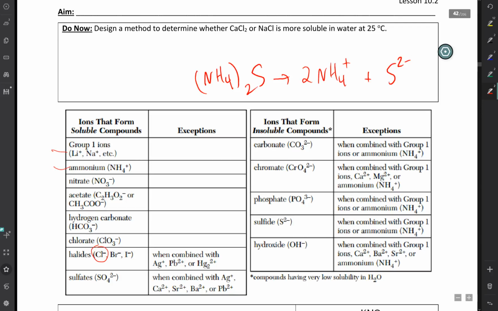I look for the sulfide ion, S2-, and I find it over here. It is generally going to be present in insoluble compounds. We've got some exceptions though. Sulfides are soluble, or slightly soluble I should say, when they're combined with a group 1 ion. No, it's not a group 1 ion. Or ammonium. Oh, that is ammonium. So ammonium sulfide is going to be slightly soluble.